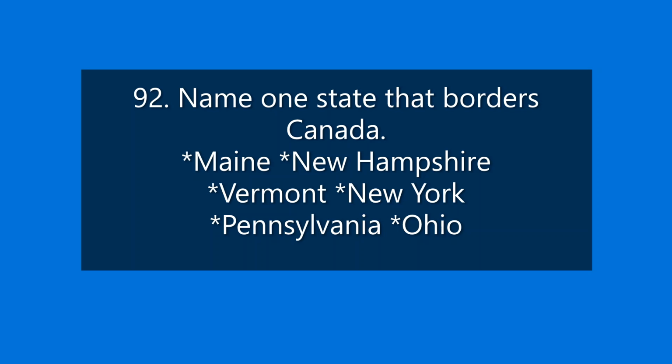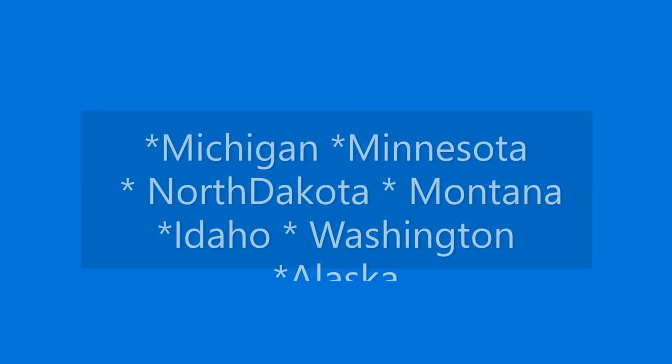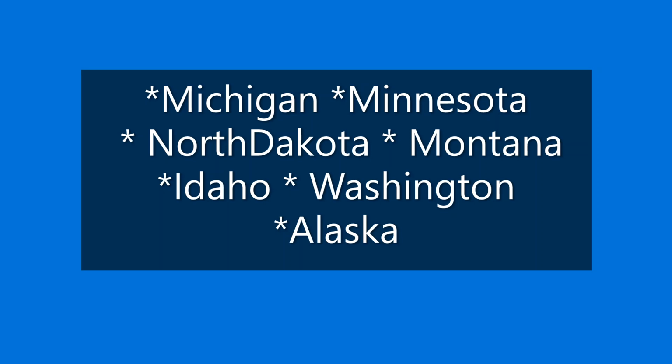Question number 92. Name one state that borders Canada. The answer, you can say Maine, or New Hampshire, or Vermont. Or from this screen, you can say Michigan, Montana, or Alaska.